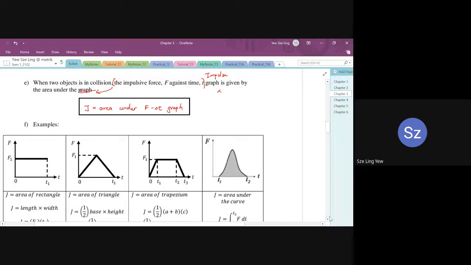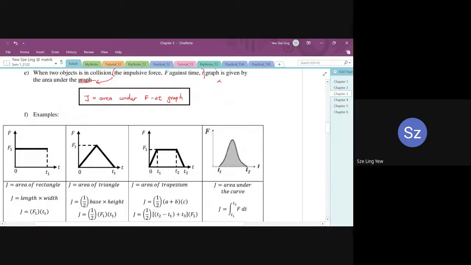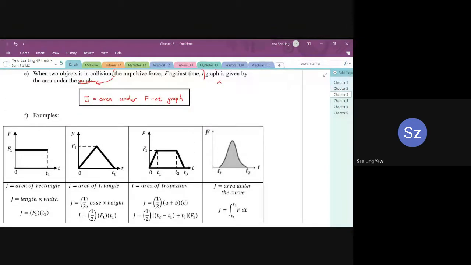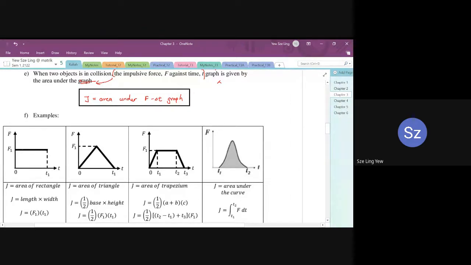And now the notes give you a few examples. You have a few different types of graph. The first one is F against t, and the average force is in a straight line. It means you have a constant force acting on the object.